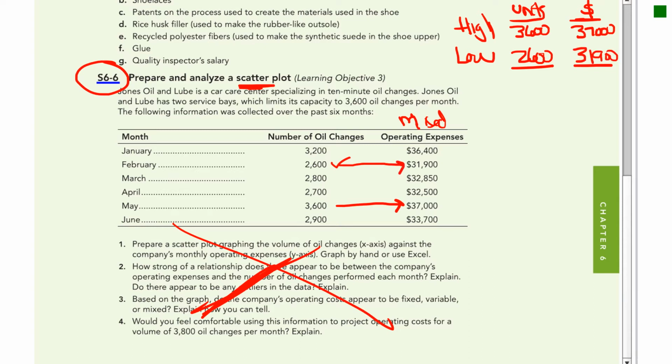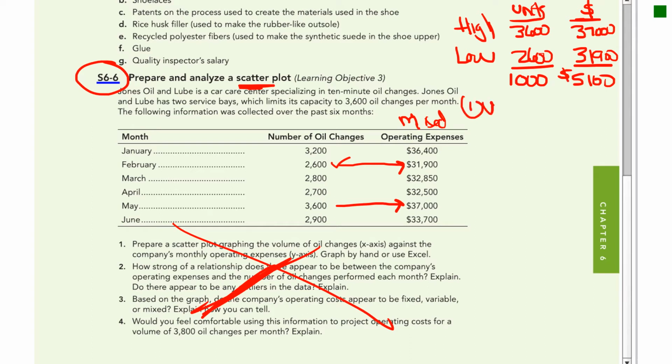Once you've identified that, you just take the difference. 3,600 minus 2,600 gives you a difference of 1,000, and 37,000 minus 31,900 gives you a difference of $5,100.